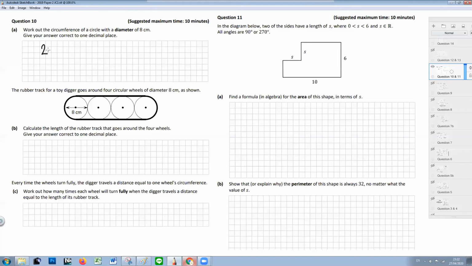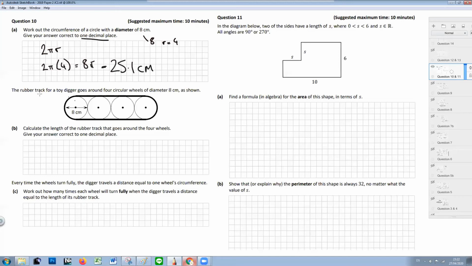Now here, we know our diameter is 8, so our radius must be 4. So if we sub that in, it's going to be 2 pi 4, or 8 pi. And working that out, we're going to get 25.1 centimeters. And it says give it to 1 decimal place, so we've done that.